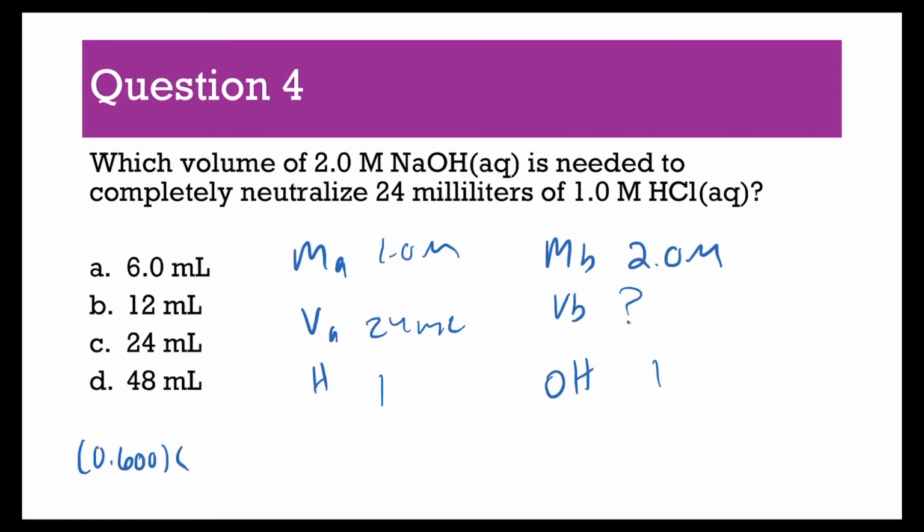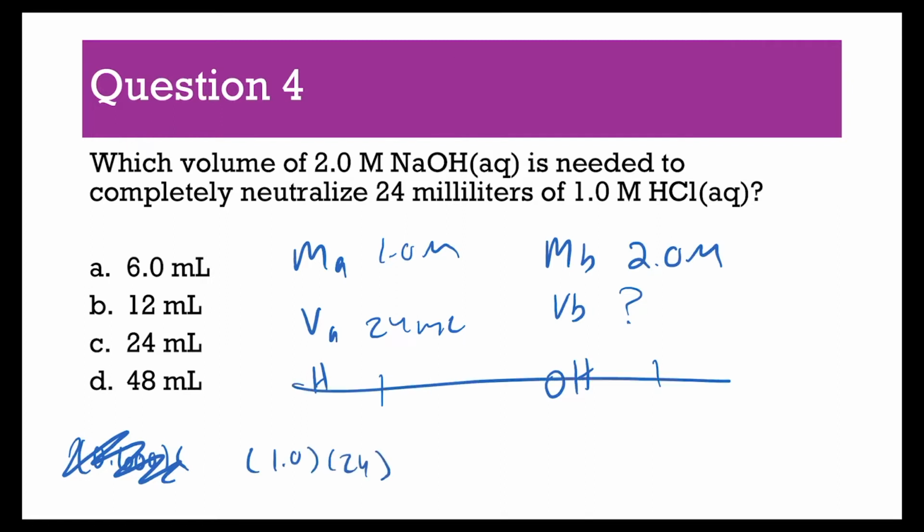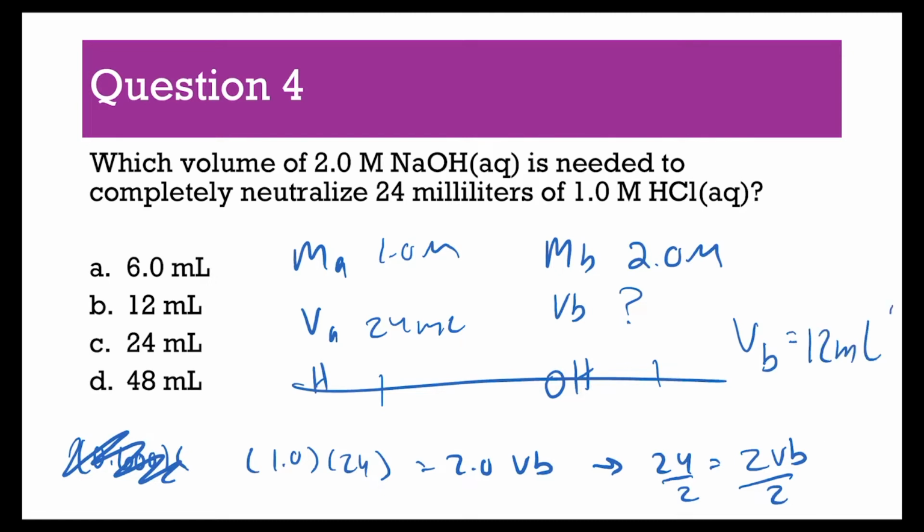Oh, I'm doing 4 and not 5, sorry. Okay, 1 times 24, again if they're both 1 you can ignore them, equals 2 times VB. Do some math, you get 24 equals 2 VB, divide both sides by 2, and the volume of your base is equal to 12 milliliters, which is answer choice B.